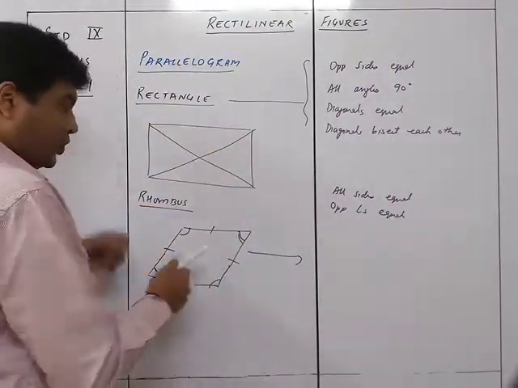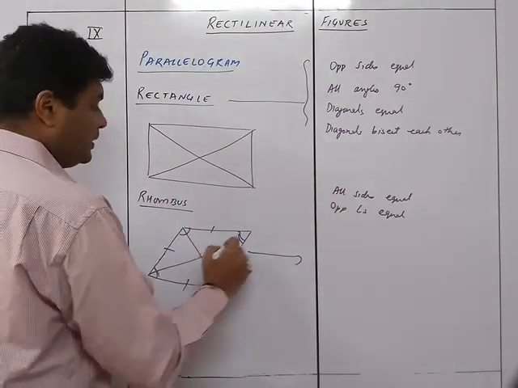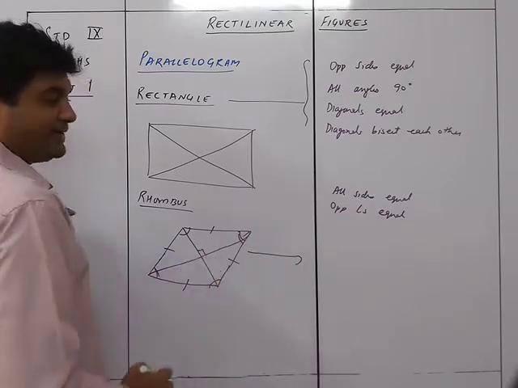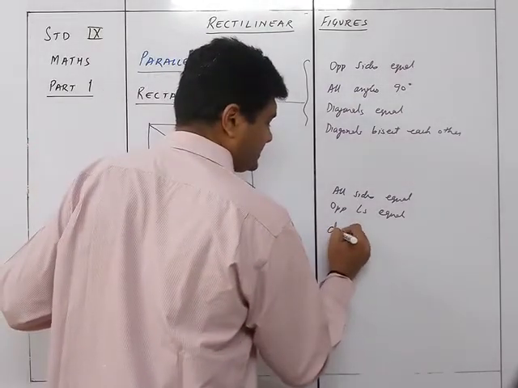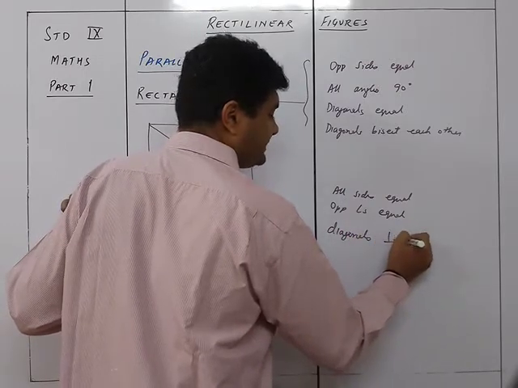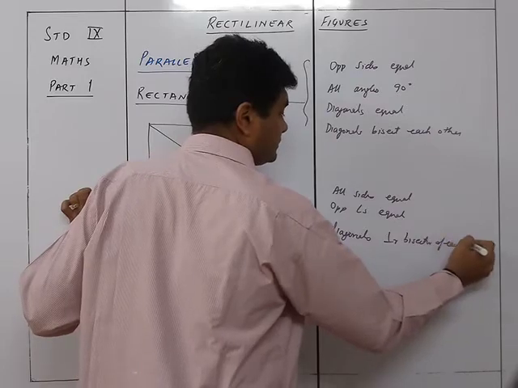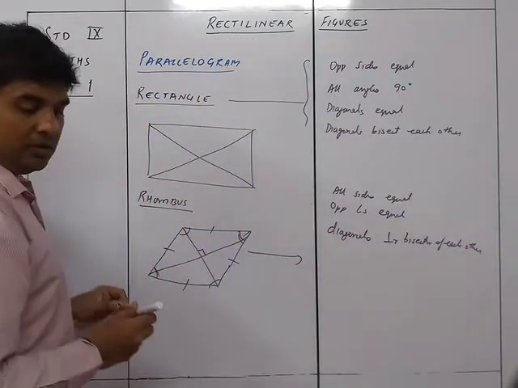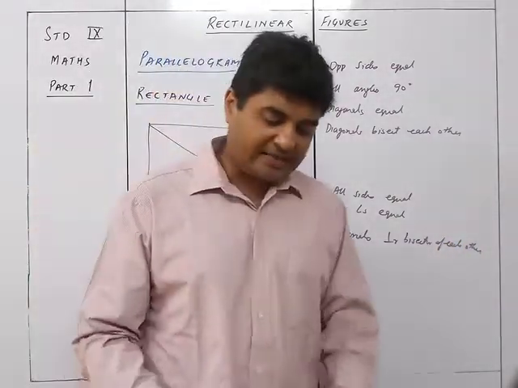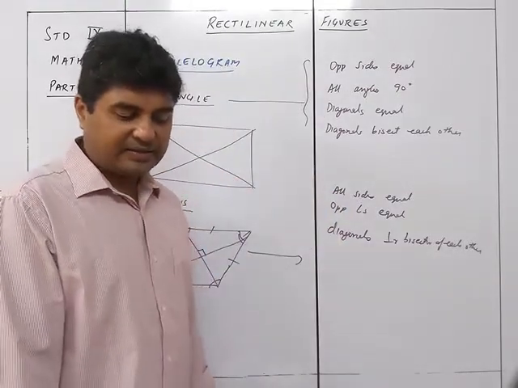Okay, so rhombus has all sides equal, and the diagonals are not only bisectors but they are perpendicular bisectors of each other. So the properties of the rhombus will be all sides equal, diagonals intersect each other at 90 degrees, and diagonals bisect the angles of this.